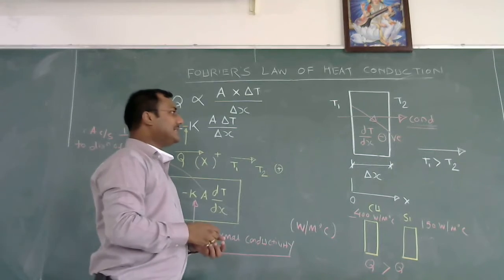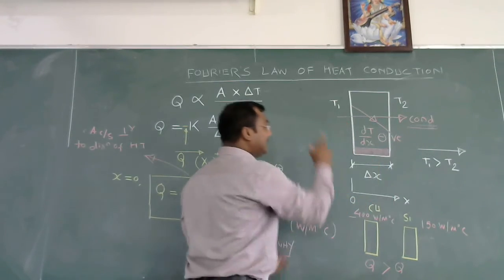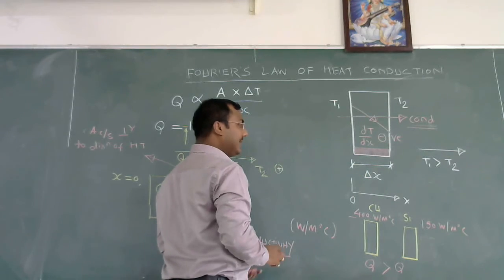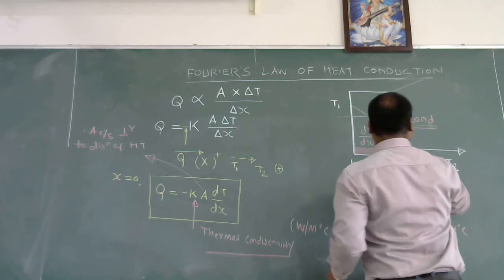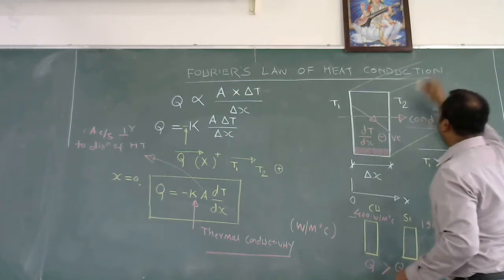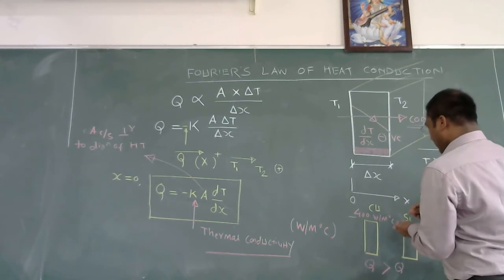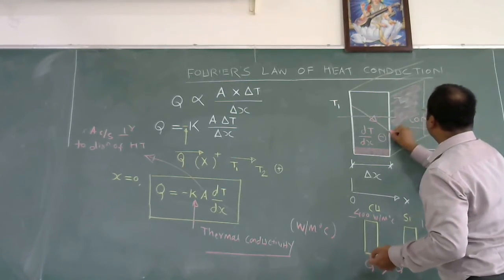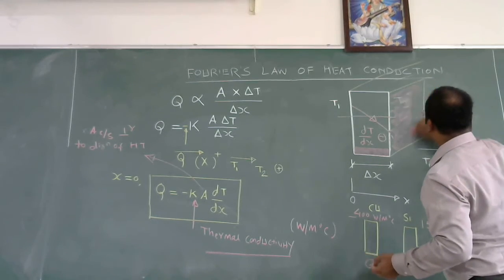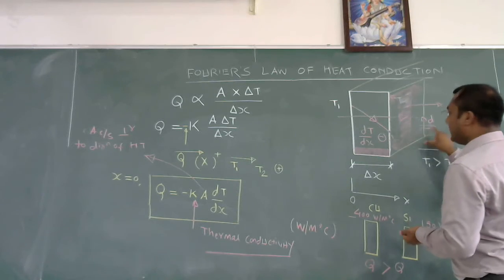If I consider this as a plane wall, this is the thickness, this is not the area. What area is here? If I consider this wall something like this, and this is the cross section area, in this case I am interested in this area, the area which is perpendicular to the direction of heat transfer. So I need to consider this as the area.